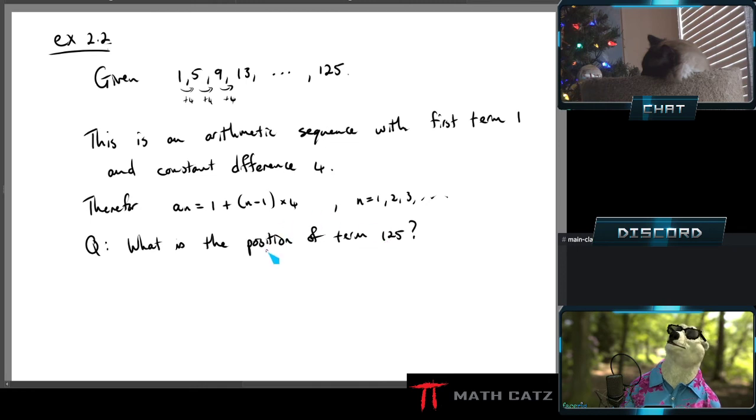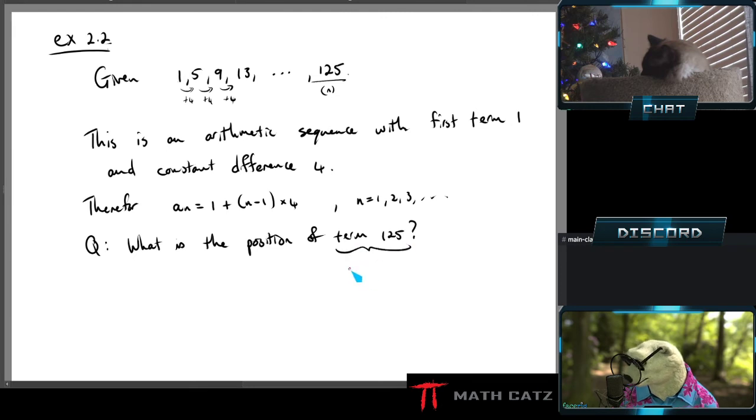If I know the position of that term, then I would know how many terms there are up to that point, because the position counts them perfectly: 1, 2, 3, 4. What's this one? But that position is the only unknown in the right-hand side of this formula.